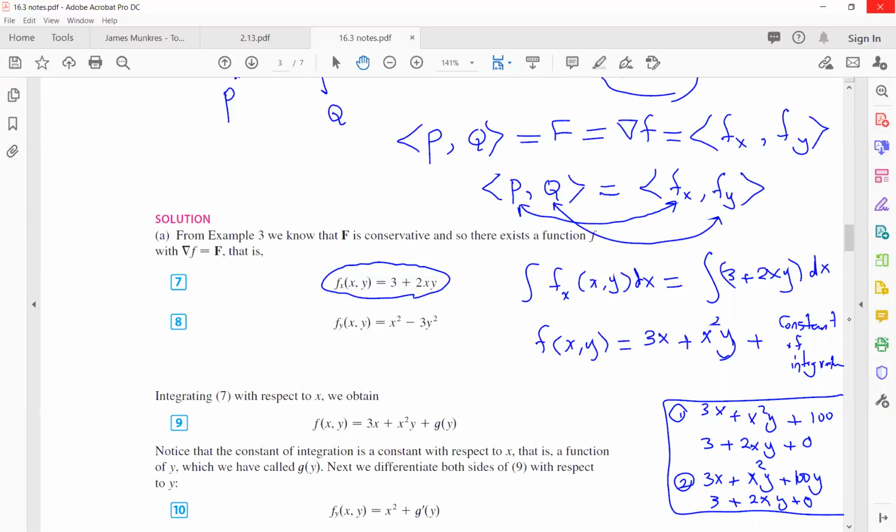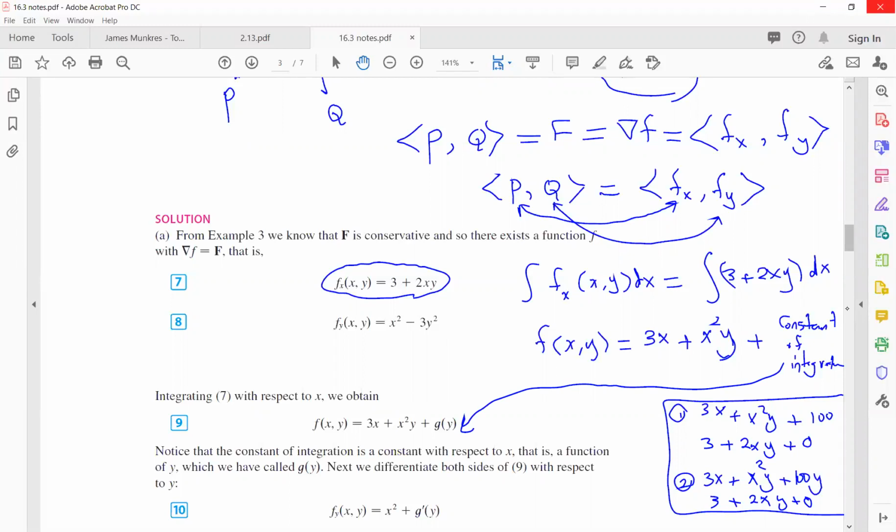So the constant of integration is not just a number, it is a function of y. That's how we get g of y. It's a function that has only the variable y in it.